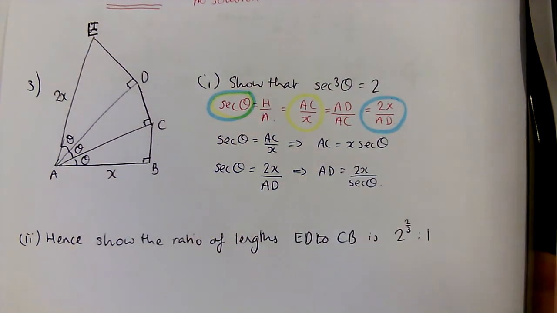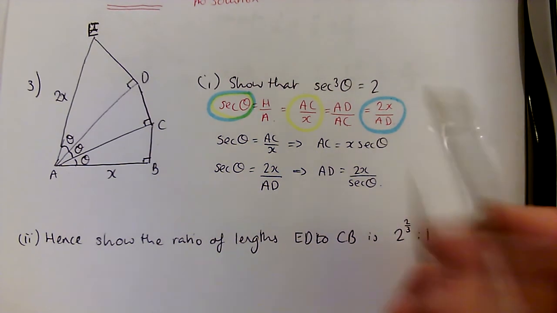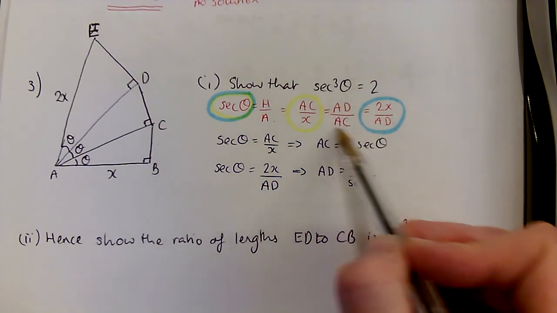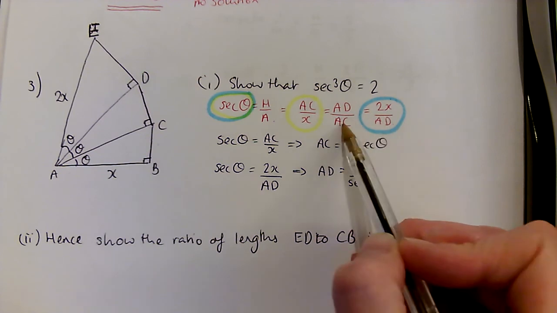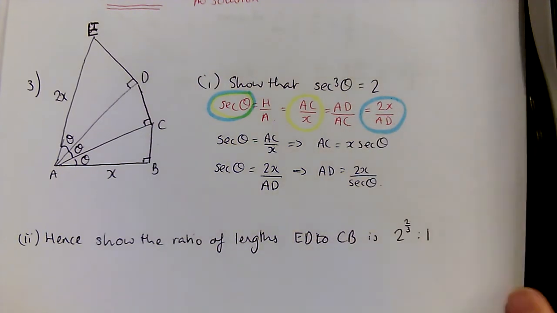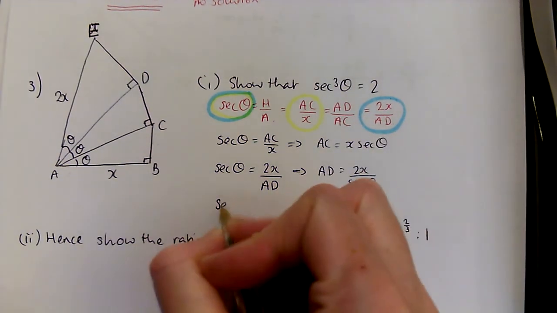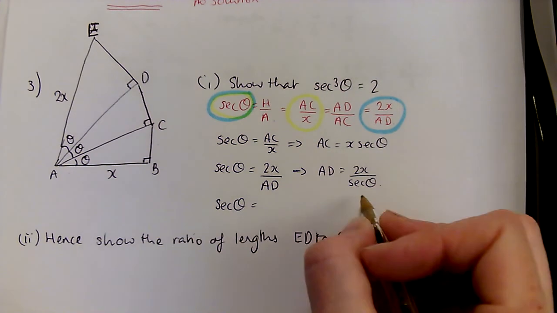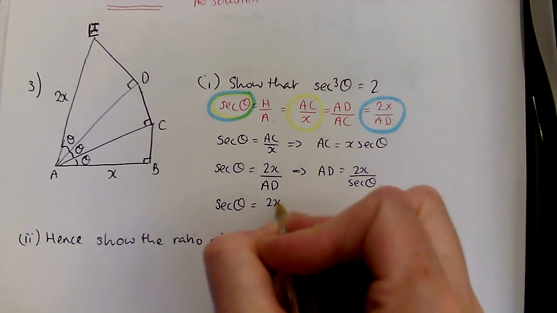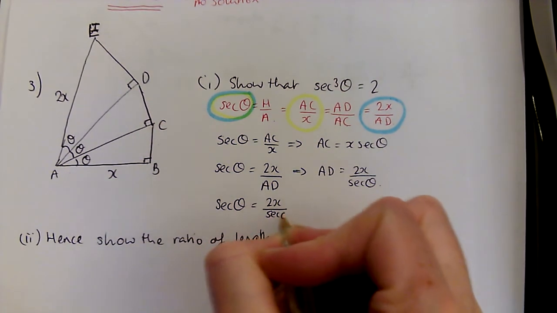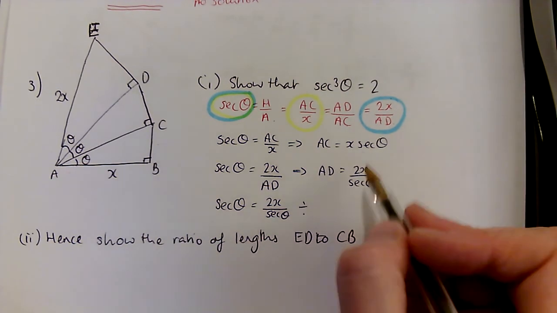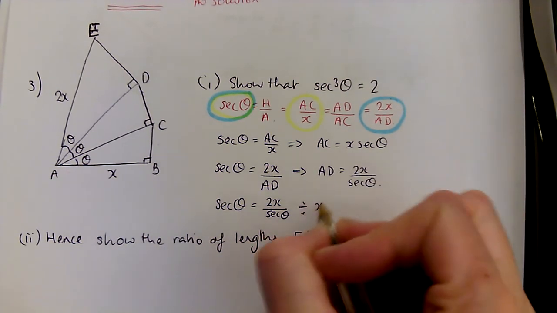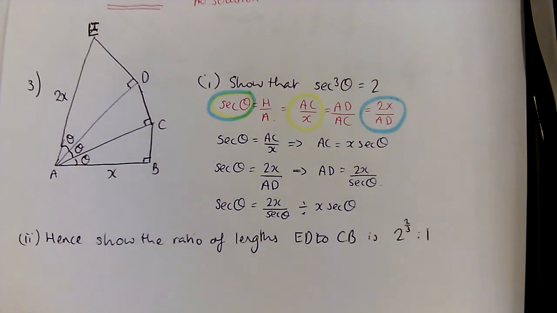Now the remaining thing that we haven't used is AD over AC. We could have used that instead of this one to get AD if we wanted. So let's use sec theta is equal to AD, which is 2x over sec theta, and that's divided by AC, which is x sec theta.